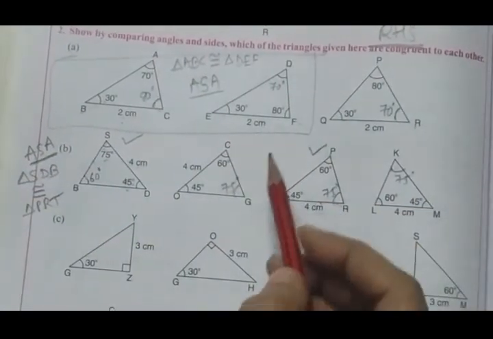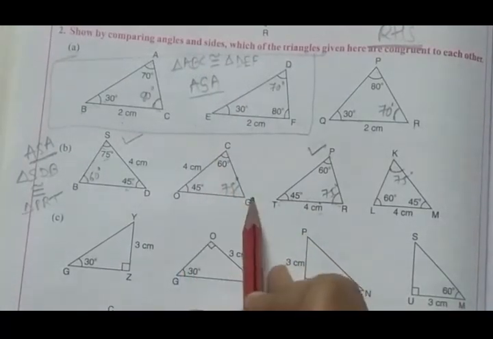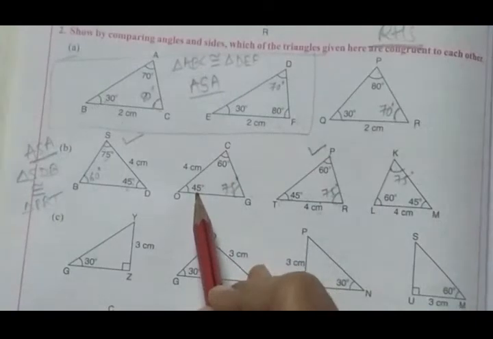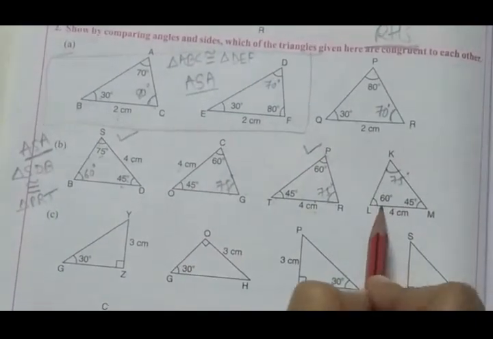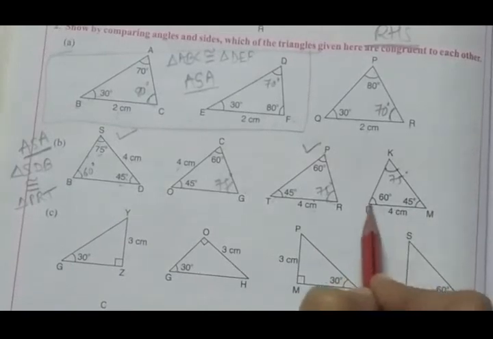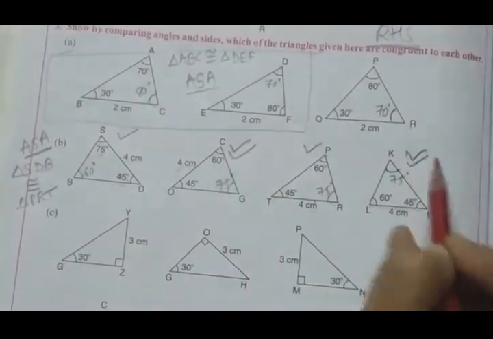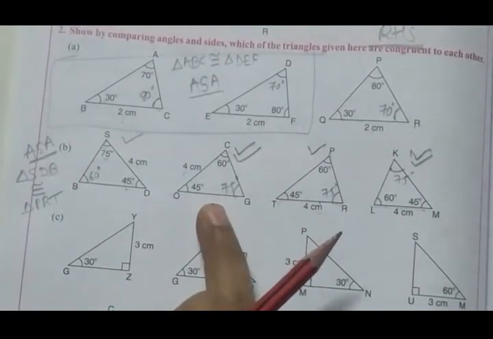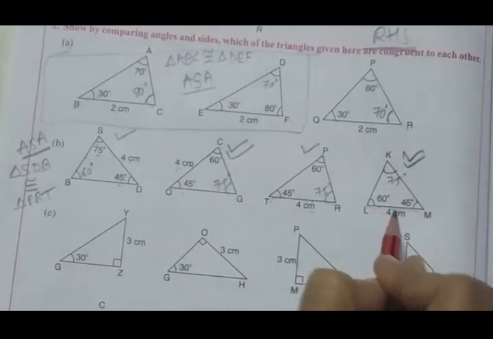Now if you notice triangle COG, here you can see 60 degree and 45 degree, and the included side is 4 centimeter. Here also 60 degree and 45 degree, and the included side is 4 centimeter. So these two are congruent to each other, again by angle side angle.